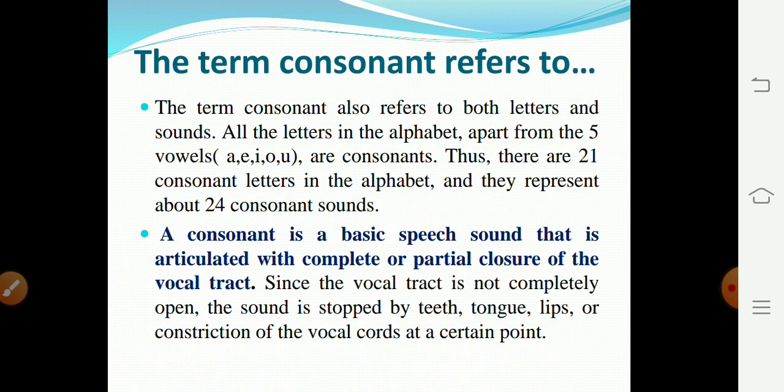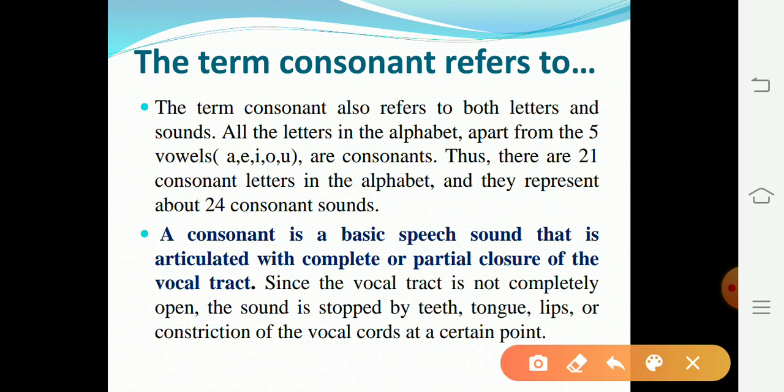So, in this video we are going to discuss consonant sounds in detail. First, we are going to learn what the term consonant refers to. The term consonant refers to both letters and sounds. All the letters in the alphabet apart from the 5 vowels, that is A, E, I, O, U, are consonants.